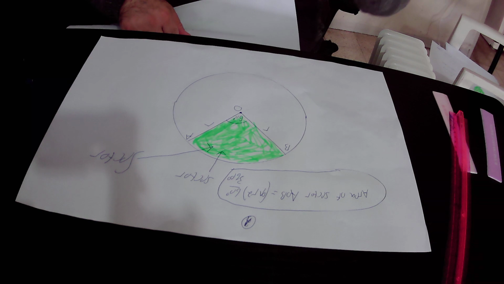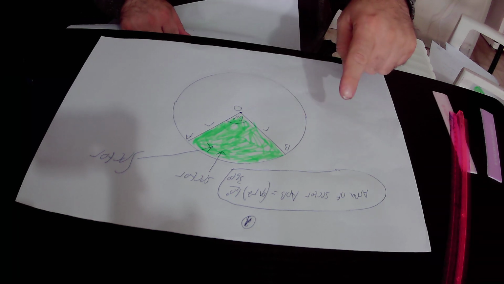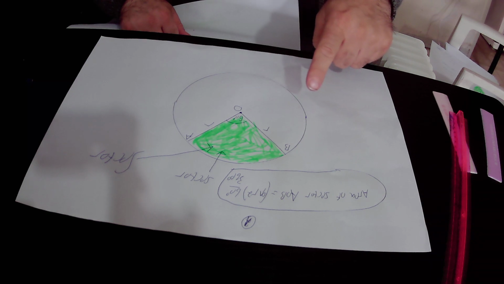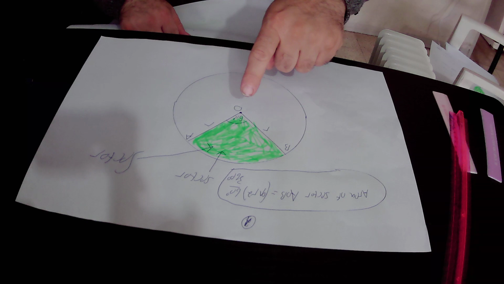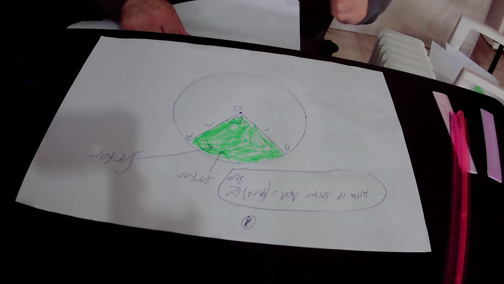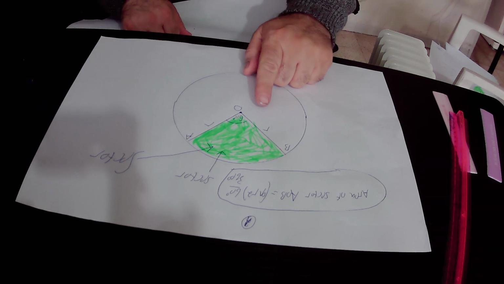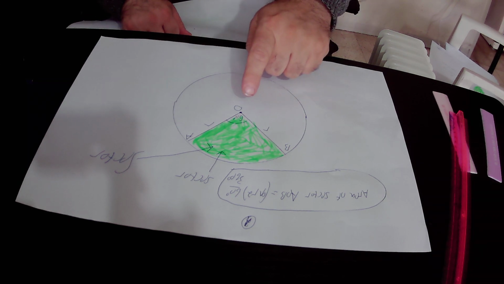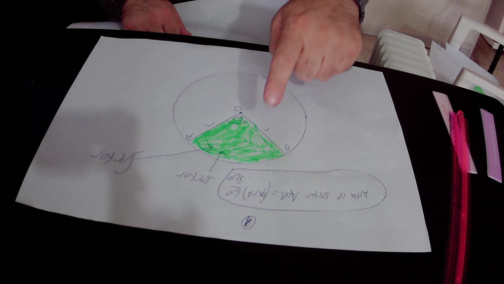So it is the green shape, and the area of this sector AOB equals pi r squared, where r is the radius of this circle, times the angle between the two radiuses over 360 degrees.